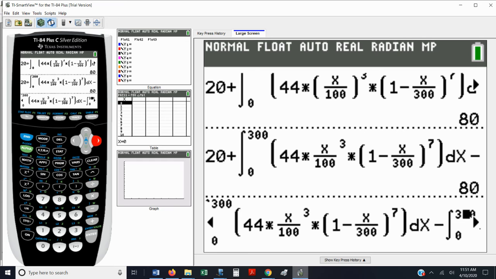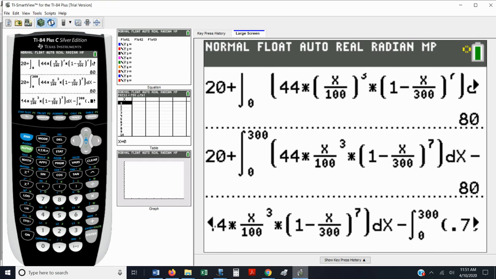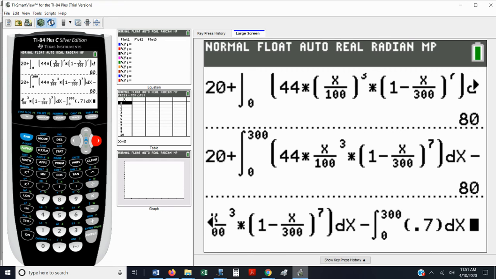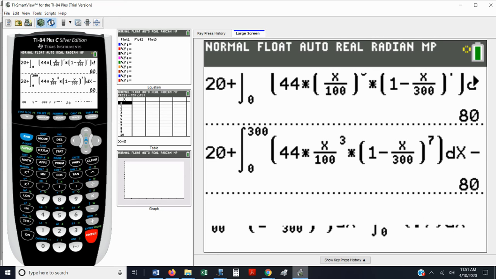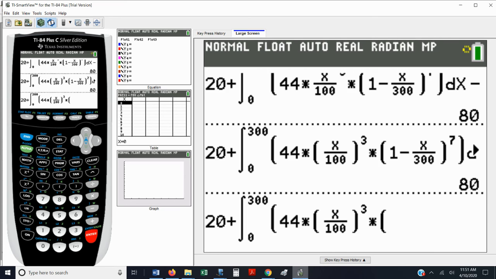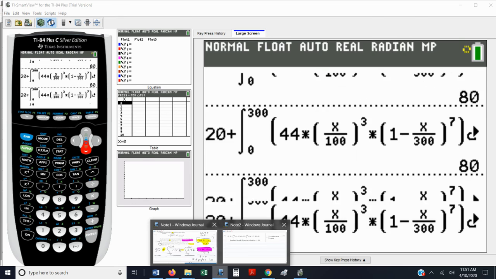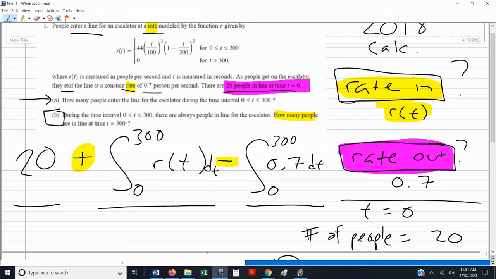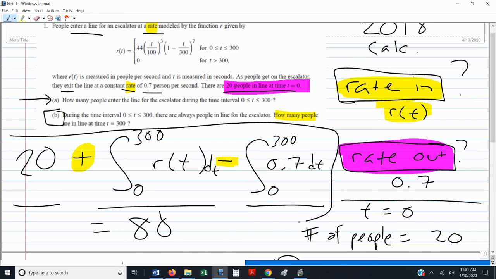Math 9 to get the integral, 0 to 300, and then you have your 0.7 dx, and that gives you an answer of 80. This is being really slow right now, but there we go, answer of 80. Okay, so I'm going to write equals 80 and put a box around this.